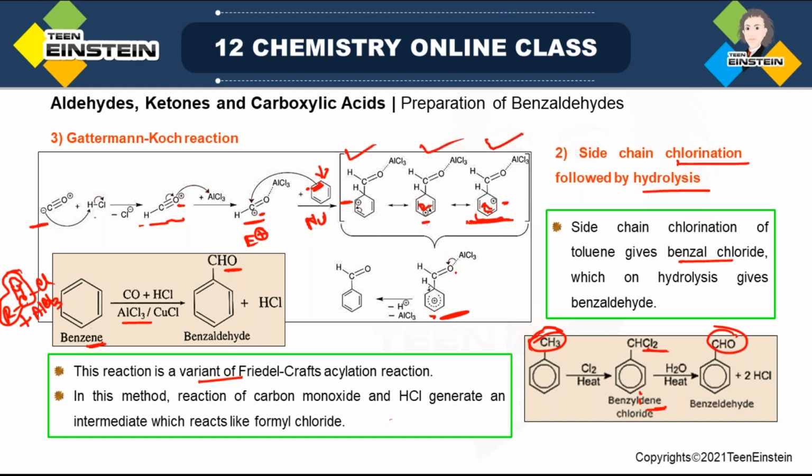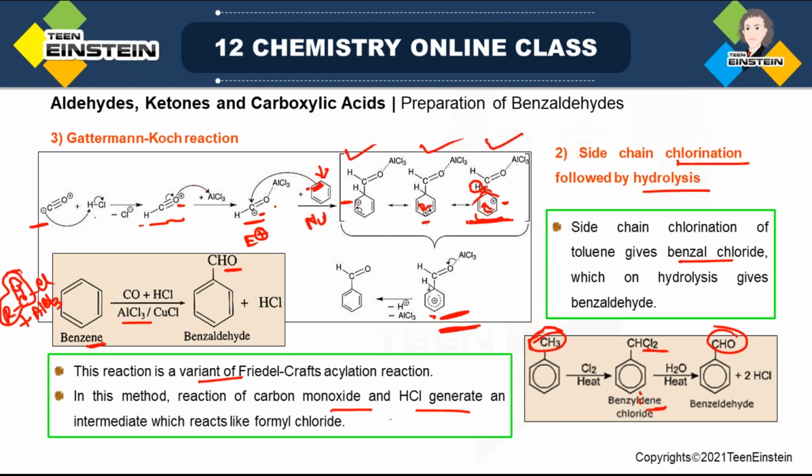Finally, as you can see, in these three structures aromaticity is lost. So this H will be removed in the form of H plus. The C-H bond will be broken, a double bond will form in this position, and aromaticity will be regenerated. Fine. So in this method, the reaction of carbon monoxide and HCl generates an intermediate which reacts like formyl chloride.